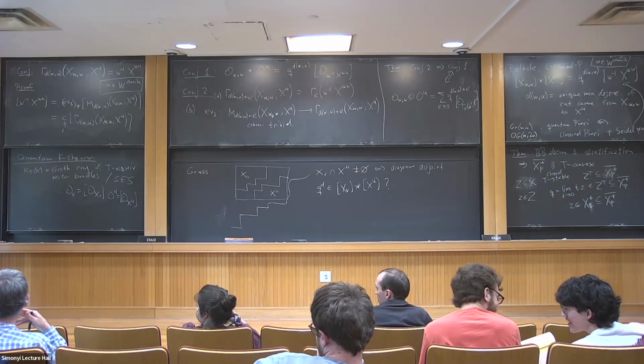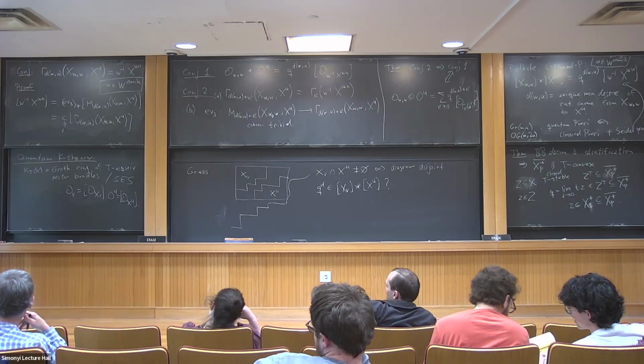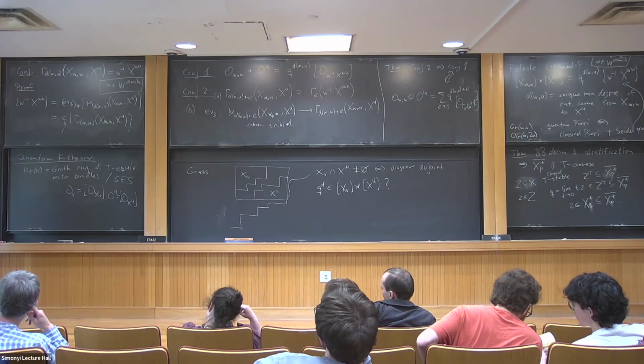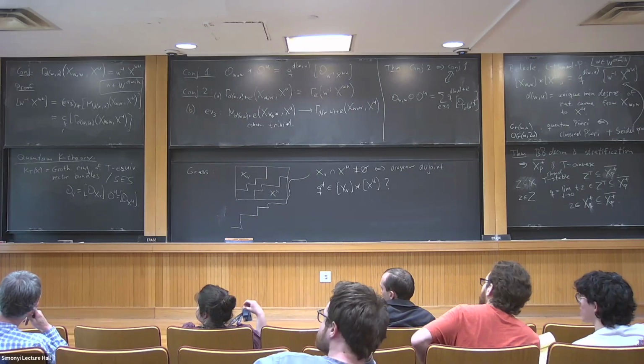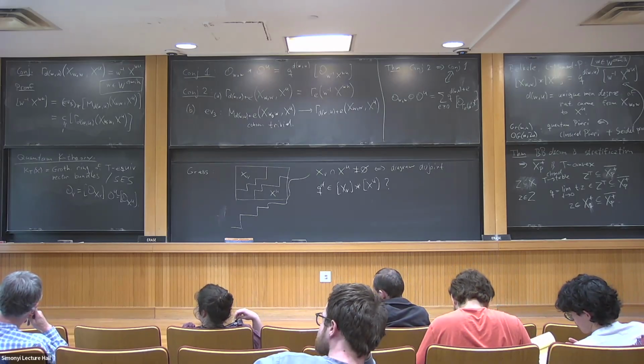So one could ask, is there anything for other Coxeter elements? I don't know. I think these cominuscule Weyl group elements are very special with respect to their nice behavior.